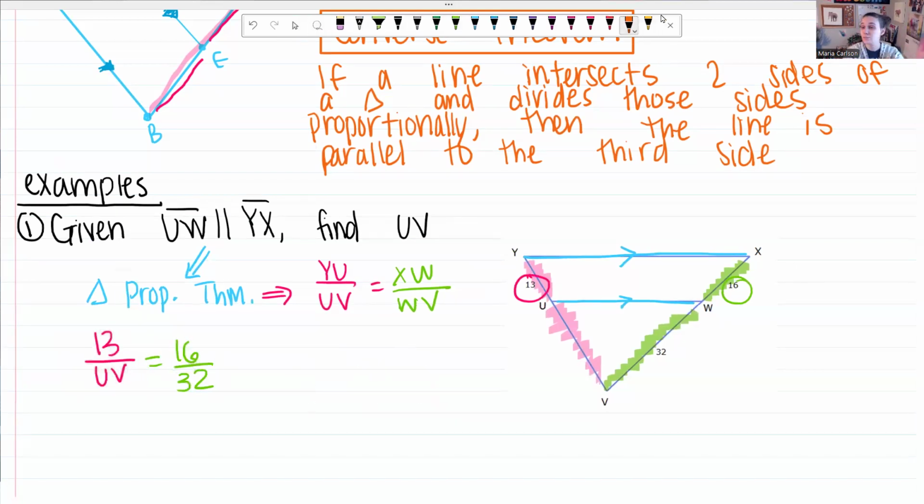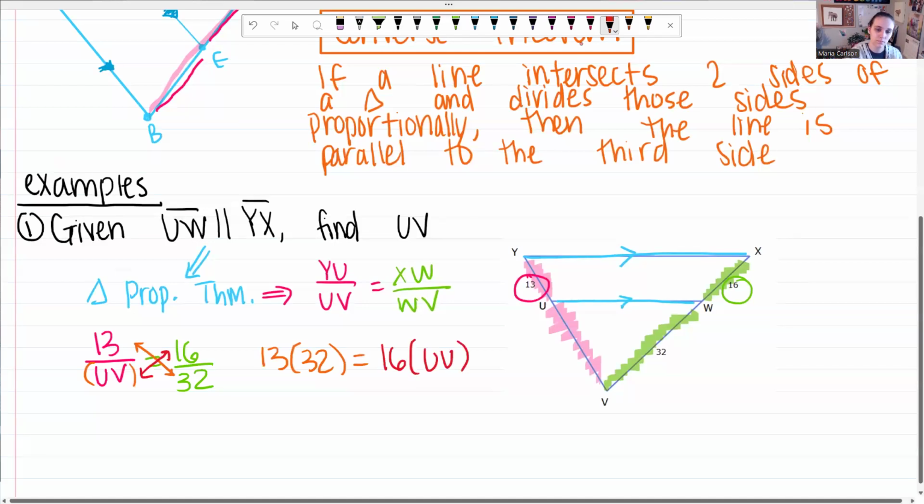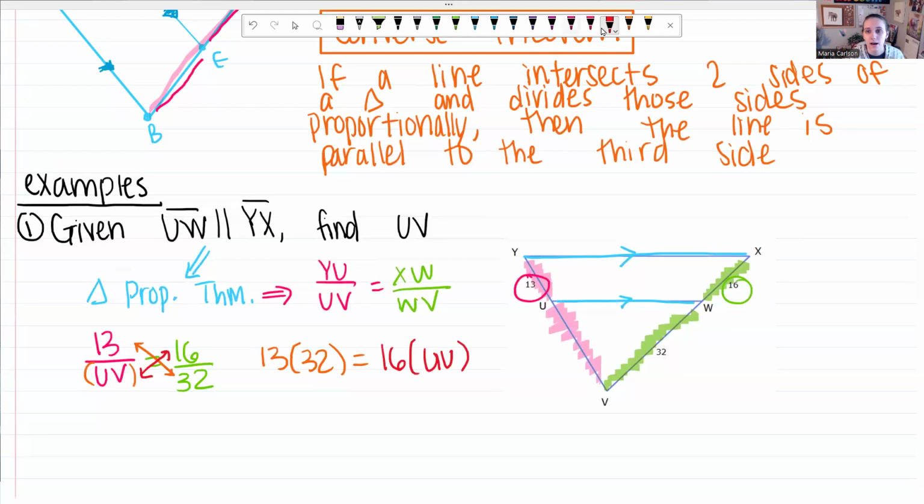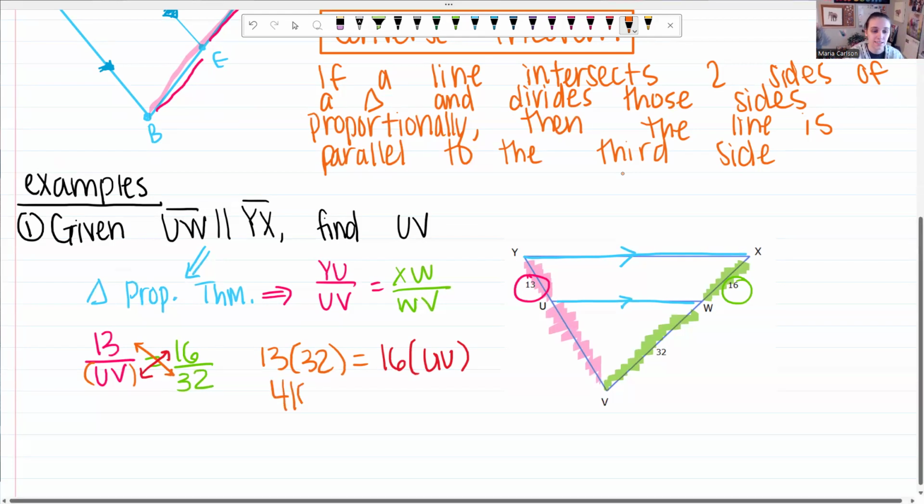Now I can simply solve, right? Our goal is to find this UV. I can solve by cross multiplying. So I'm going to multiply 13 times 32 and set that equal to 16 times UV. Now my second to last step is to multiply. 13 times 32 gives me 416.